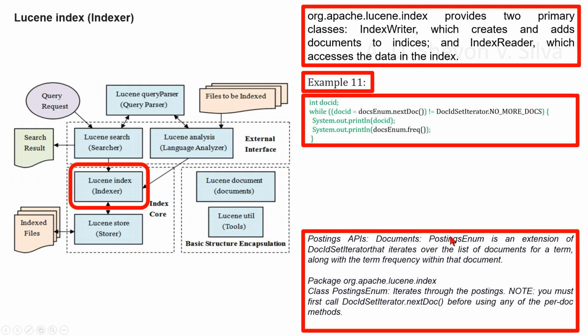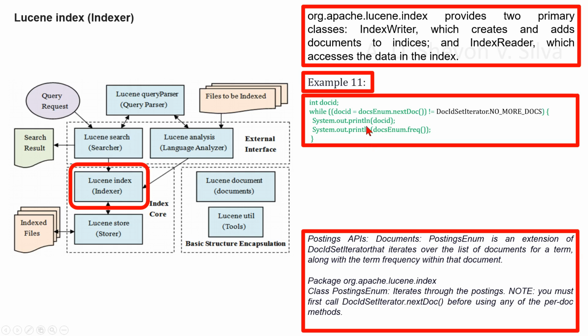The documents now: the PostingsEnum is an extension of DocIdSetIterator over the list of documents for a term along with the term frequency within that document.